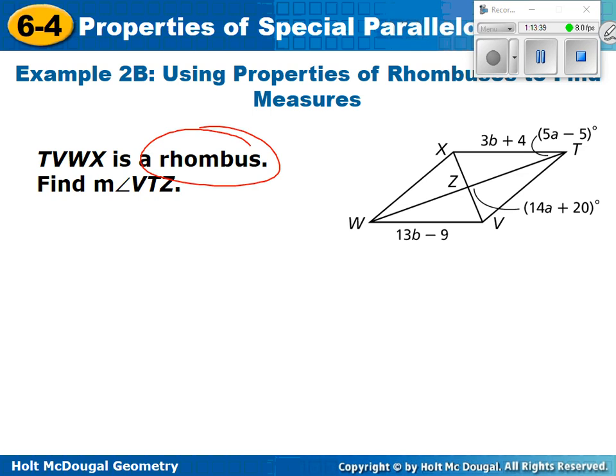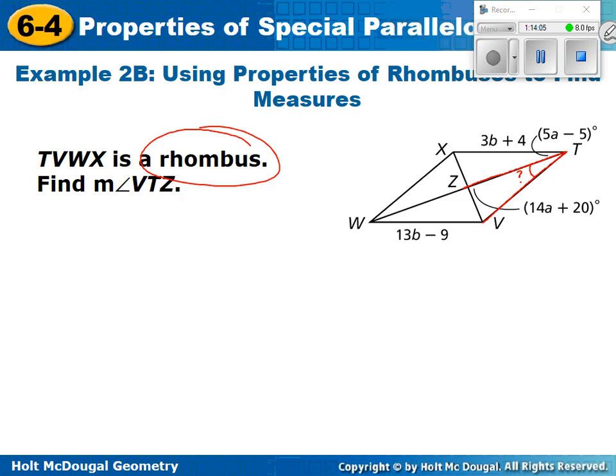Give me just 2 more minutes of your attention, okay? Look up here. They want us to find angle VTZ. This angle right here. And again, this may be one of the hardest ones, but it's still not terrible. So tell me what I know about this angle in relation to the rest of this picture.